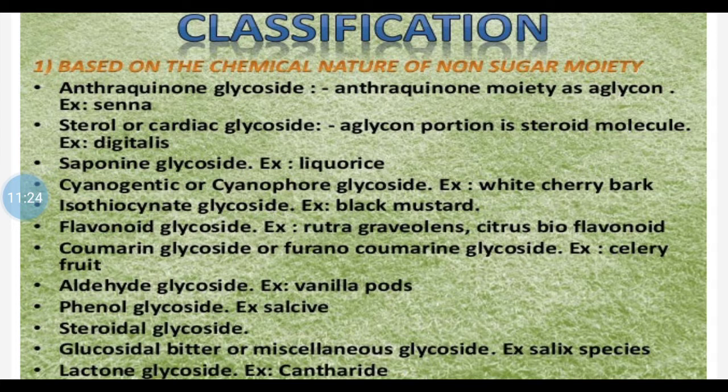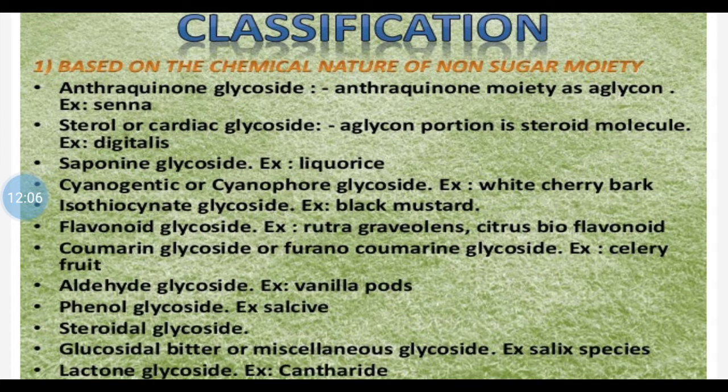One is anthraquinone glycosides, where the anthraquinone moiety is present as the aglycon part. For example, senna. The drug senna we have already covered in laxatives, which contains anthraquinone glycosides. Other is cardiac glycosides, where the aglycon part is a steroid molecule, and cardiotonic drugs we have covered, in which digitalis is the important example.